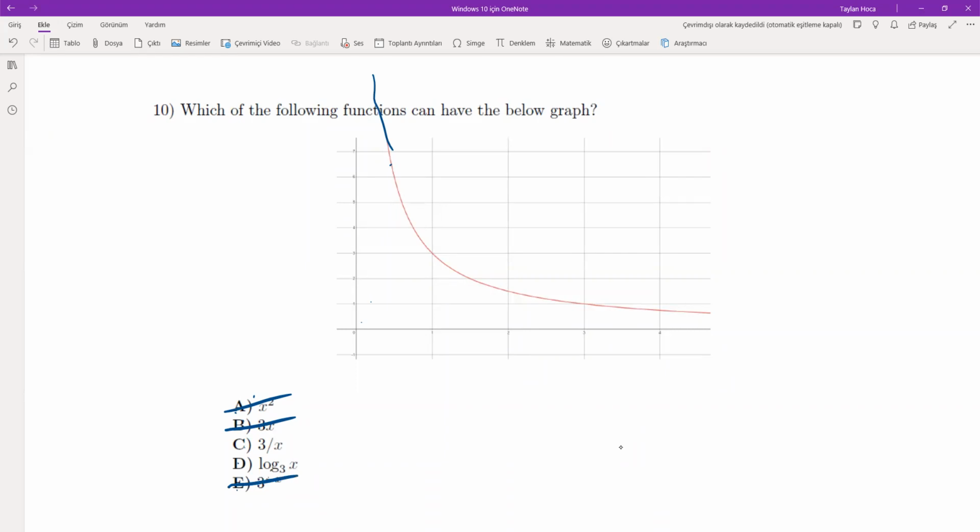When x goes to 0, it goes to negative infinity, so eliminated. But, for example, if you couldn't think of D, then check another point. When x is 1, this is 3. So log base 3 of 1 is 0, as you all know. Eliminated. So choose C. Okay? Use points in these graph questions. You will really thank me.